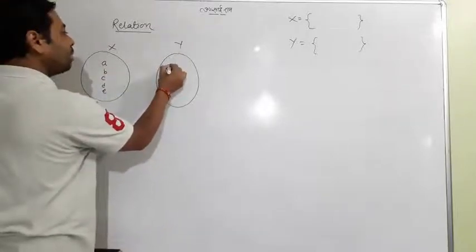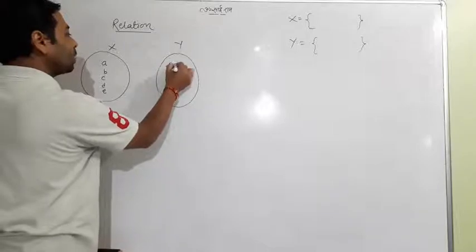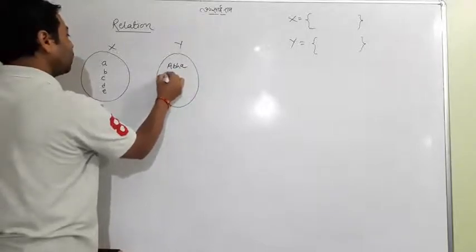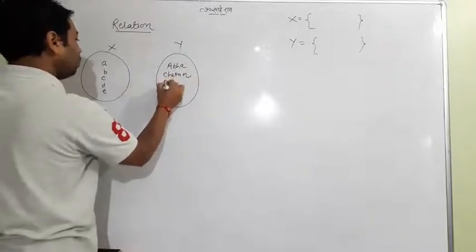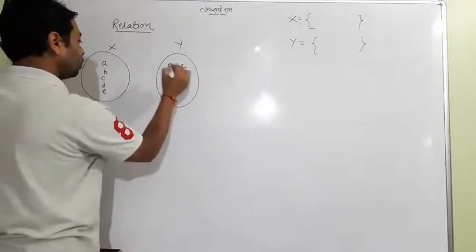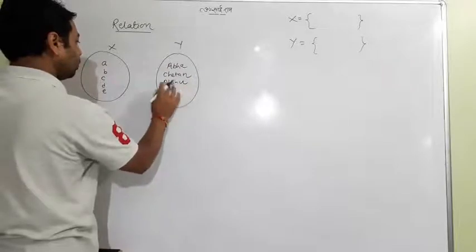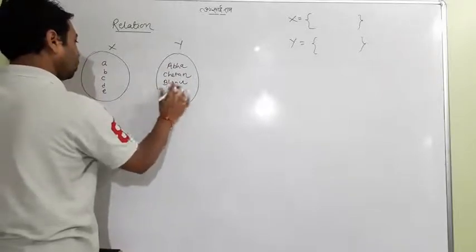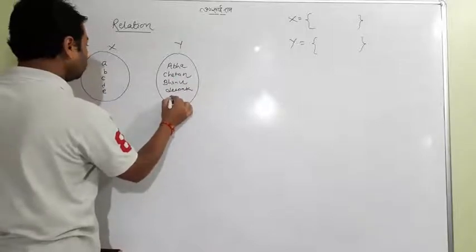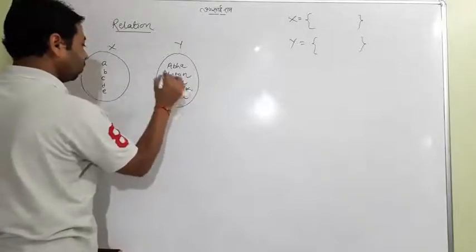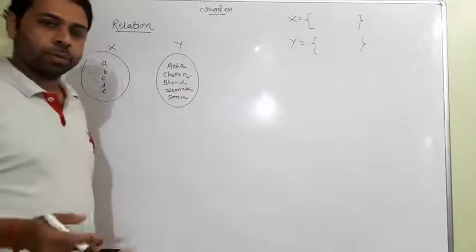Here I am writing some names. Suppose I am writing Abha, Chetan, Bhanu, Amit, Deepak, Sonu, and so on.